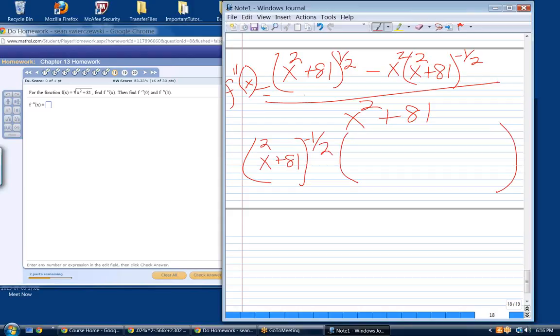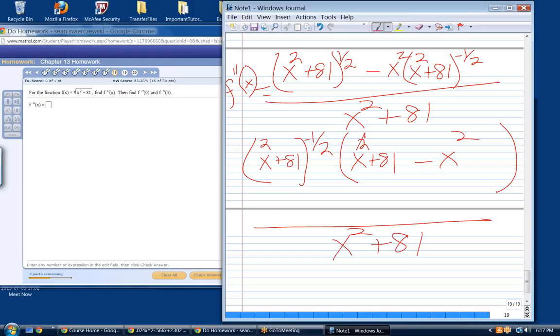Well, when I divide it into that, I get x squared plus 81 to the 1st power. And then over here, I've got minus x squared. In other words, that's what's left over when I divide x squared plus 81 to the negative 1/2 into this. Okay, and I still have an x squared plus 81 in the bottom.